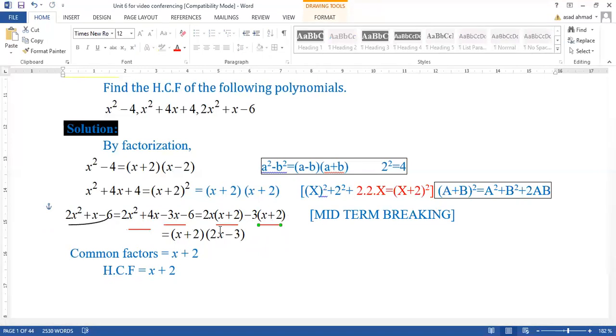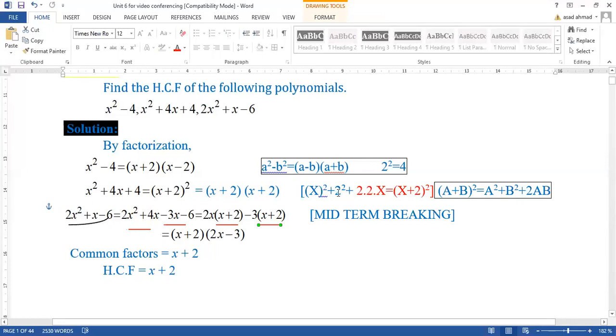So in this question, I have explained three types of factorization. One is by midterm breaking, in the very first step. You can see that these two terms are broken up into factors, x plus 2 and x minus 2. The second is the form of factorization which is the a plus b whole square form.